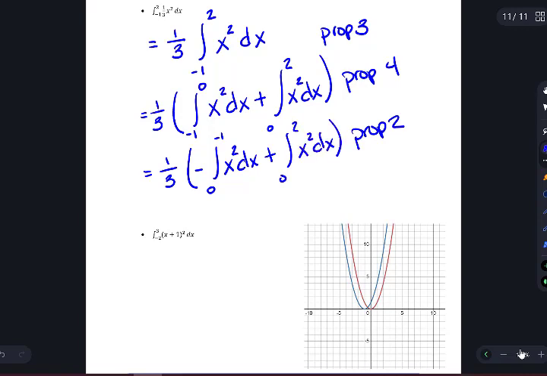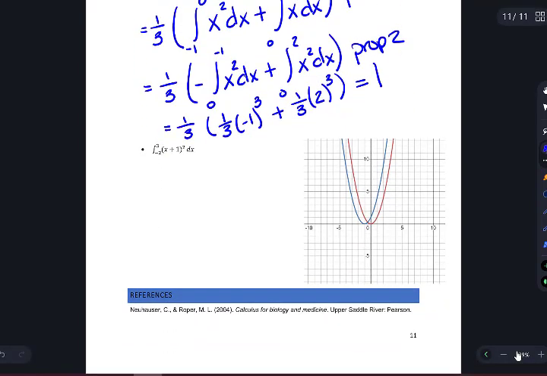And so now these are both in the format of our given information, and so this is equal to 1/3 times 1/3 times -1 cubed plus 1/3 times 2 cubed, and you can find that's equal to 1.